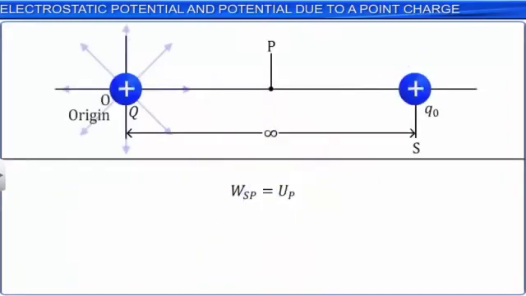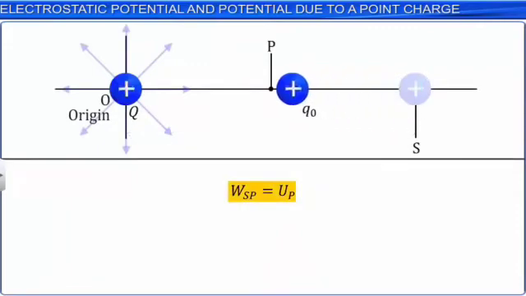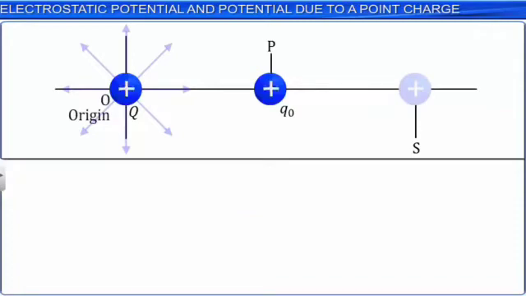That is, the work done to bring the charge q naught from point S at infinity to P is equal to the potential energy of q naught at point P. Since the force on charge q naught due to any static charge configuration is F equal to q naught E, the work done will be proportional to q naught.